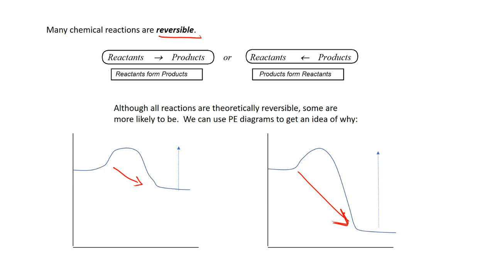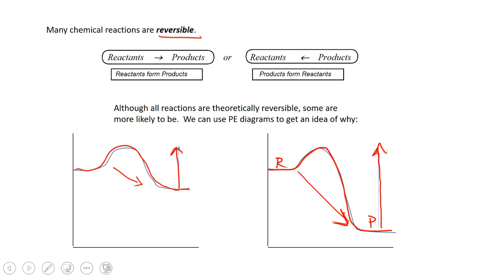Let's look at the reverse reactions. This reverse reaction on the left requires a certain amount of activation energy to occur. The one on the right can also happen. We can also go backwards and convert some of these products back into reactants, but it takes a lot more energy to do that. The barrier that needs to be overcome, that activation energy threshold, is much higher.